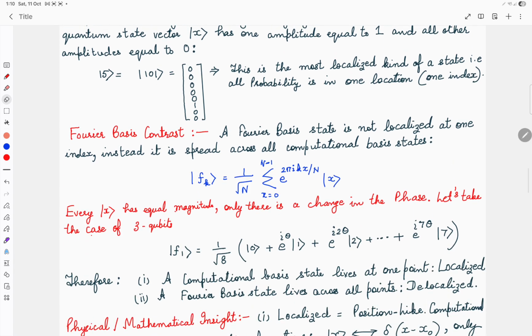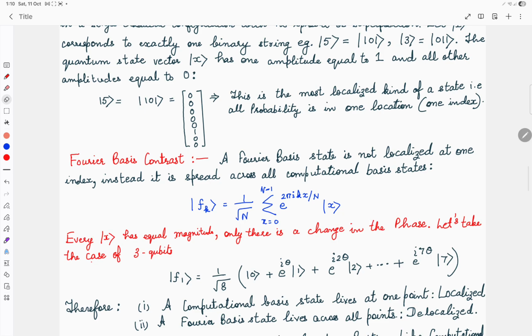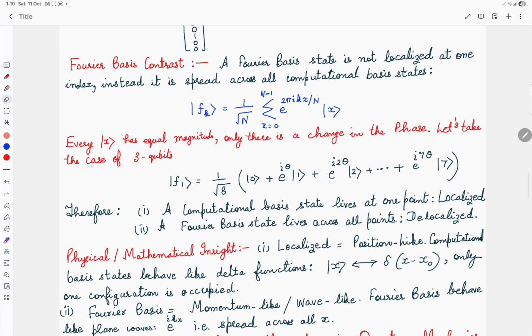Now let us try to find the Fourier basis. We know that this is the formula to find the Fourier basis. Let us consider the case of 3 qubits. That means ket x consists of 3 qubits, so ket x can take values from ket 0 to ket 7, right? Let us try to get these Fourier basis values. As an example, let me find ket f1. In this case, the k value is 1.